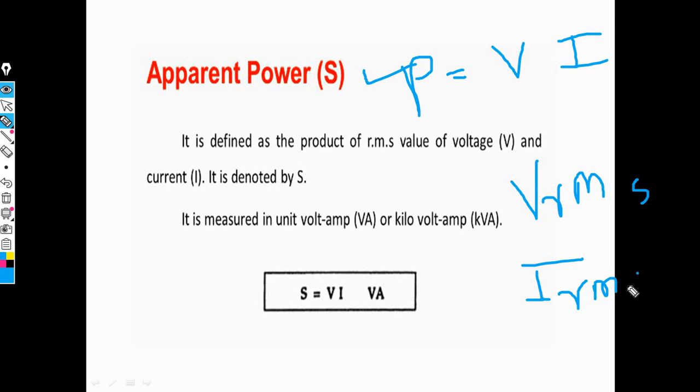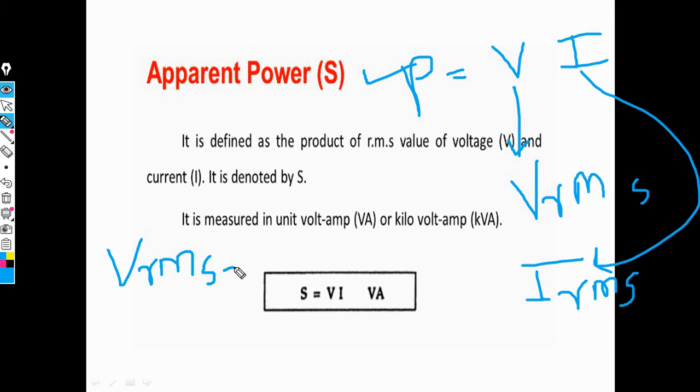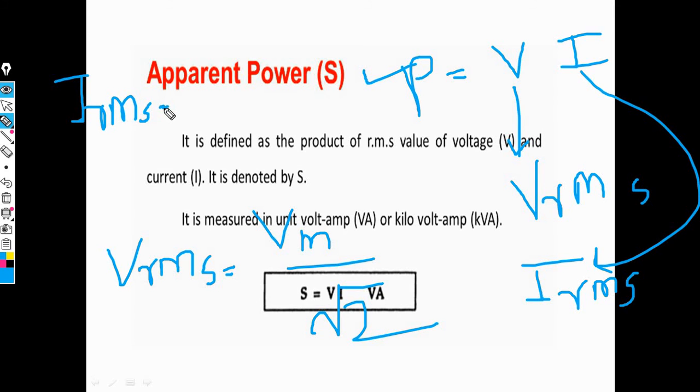Vrms is Vm upon root 2, and Irms is equal to Im upon root 2.